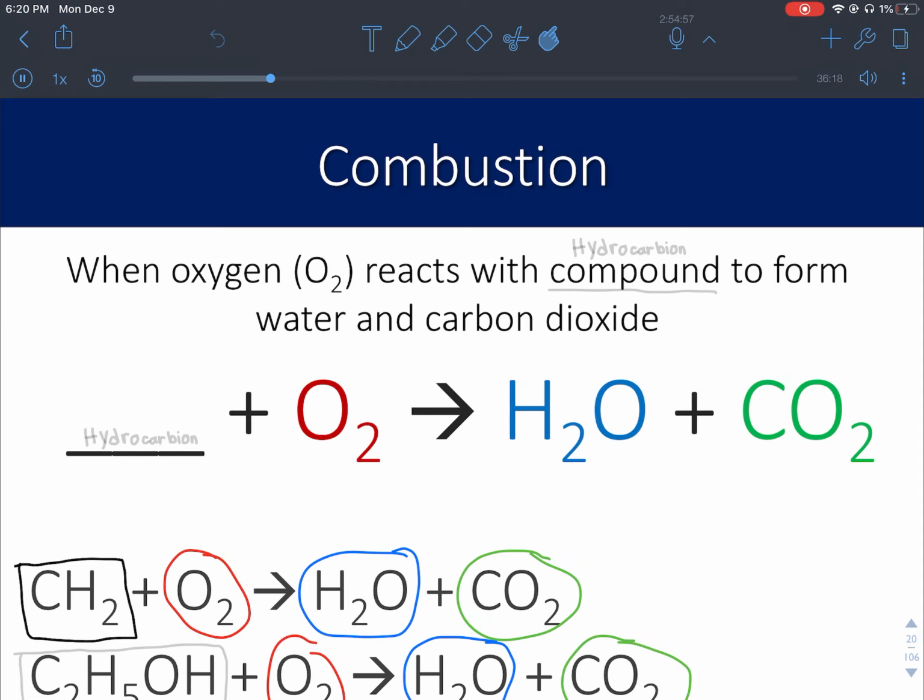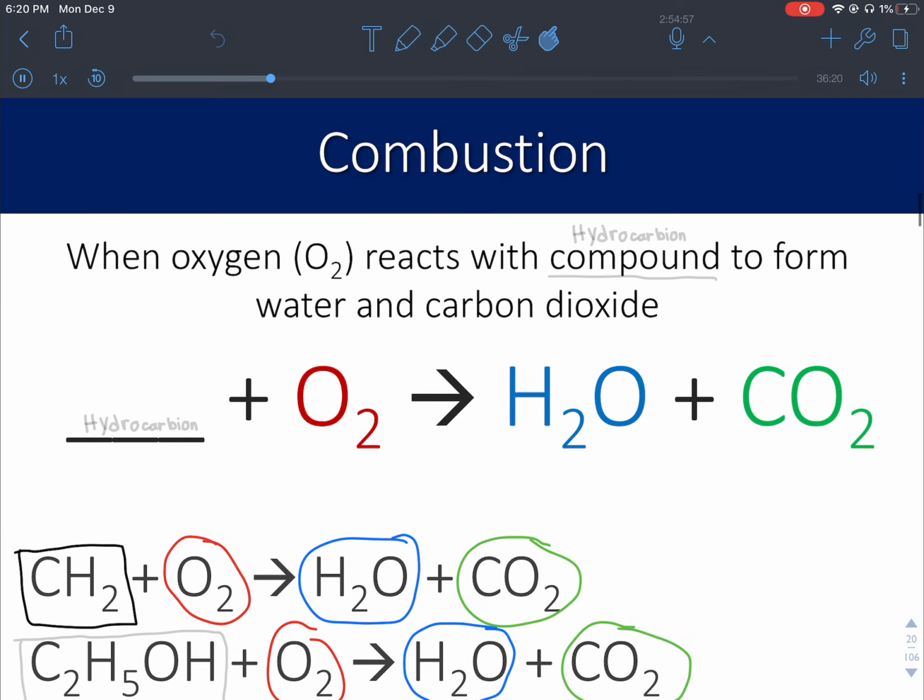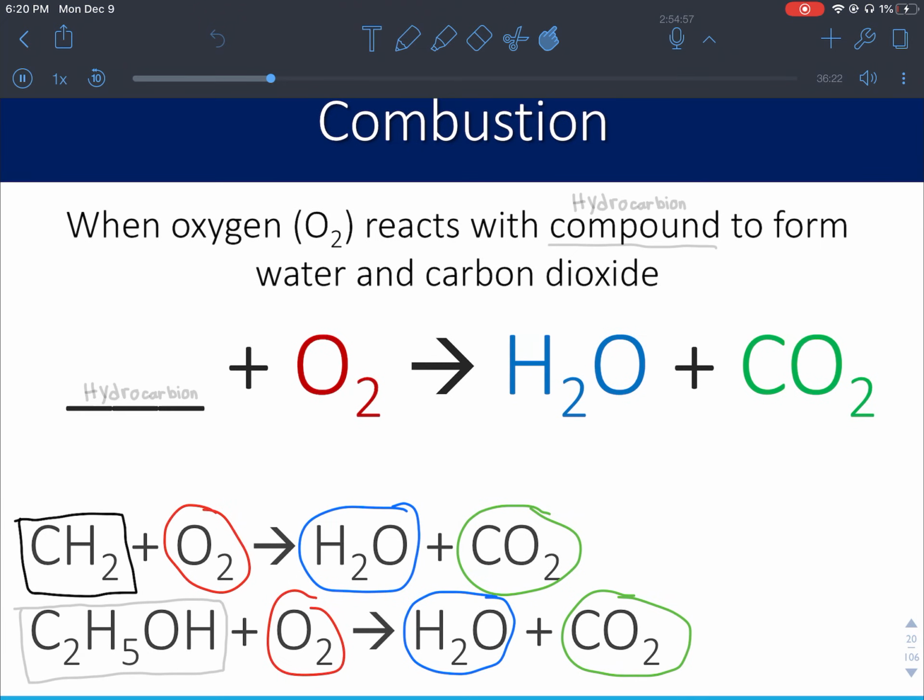We mentioned that yesterday. We call it a hydrocarbon because each of these contains hydrogen and carbon. So whatever it is, it's going to be a hydrocarbon reacting with oxygen to make water and carbon dioxide.